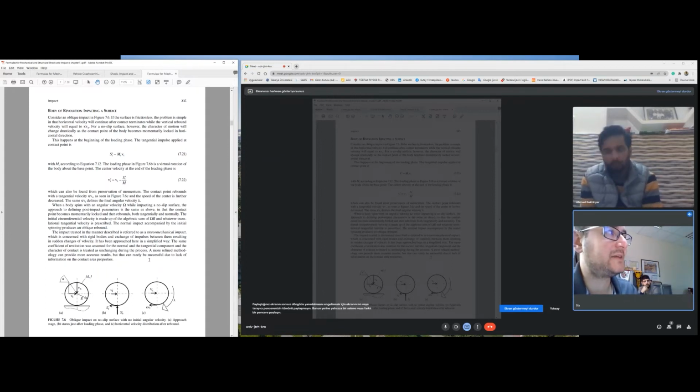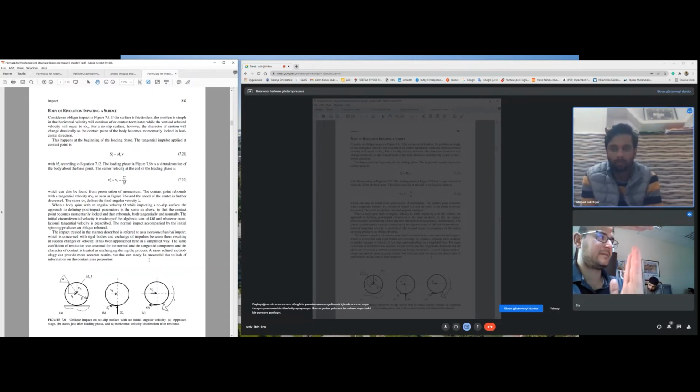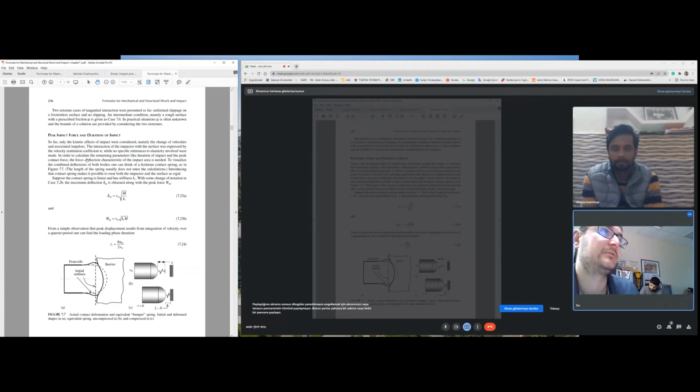Because of bending, the edge is rotating. Okay? When you look at here, when the drop box hits, the Crashbox is bending. But what is happening? The edge is rotating. You can come up with that kind of idea. I don't know, it's up to you.